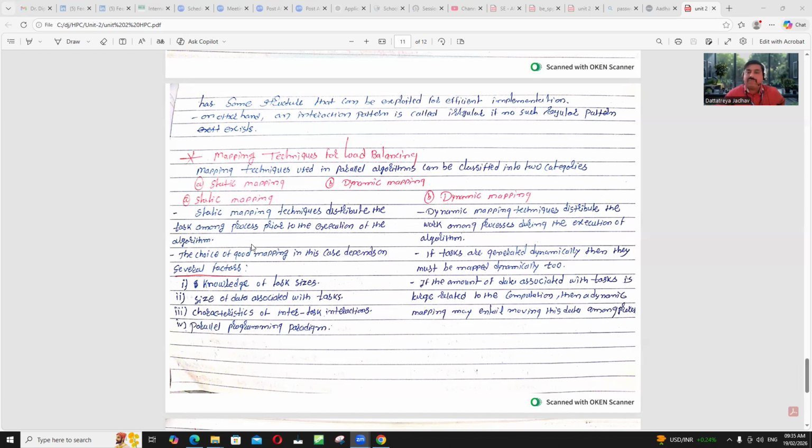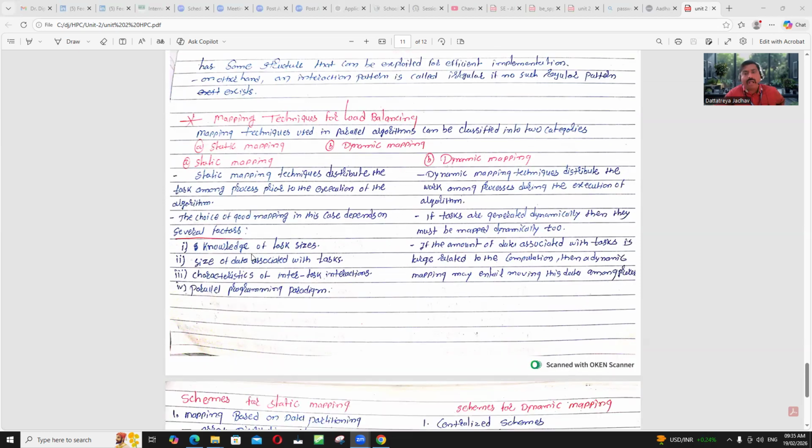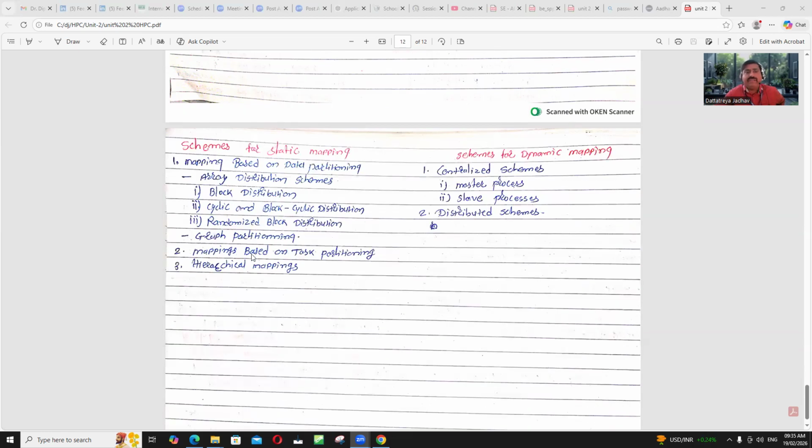It consists of knowledge of task size, size of data association, characteristic of inter-task interaction, and parallel programming concept. But in dynamic, we cannot predict that. Depending upon the condition, we allow and allocate the tasks. If the data is available in large form, we can divide it into sub data and then allocate the subtasks. It also uses some different schemes.